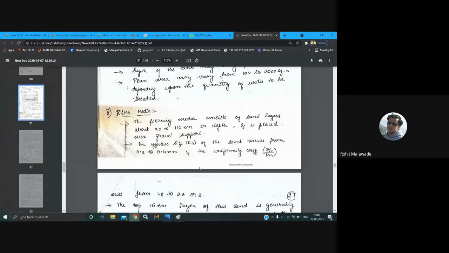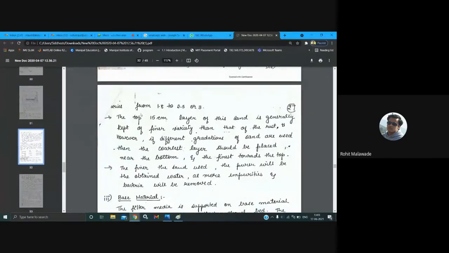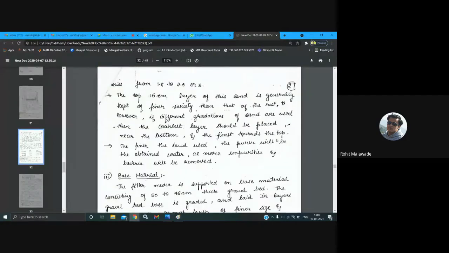The effective size of the sand is already told to you. The top 15 centimeter layer of the sand is generally kept finer, and then for the rest, different grades of sand are used, and the coarsest layer we are going to use at the bottom.